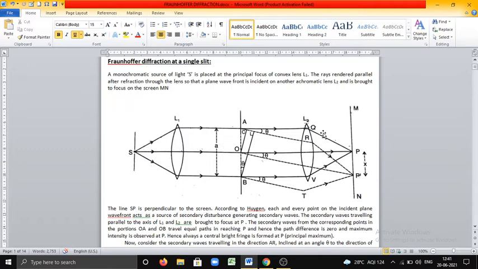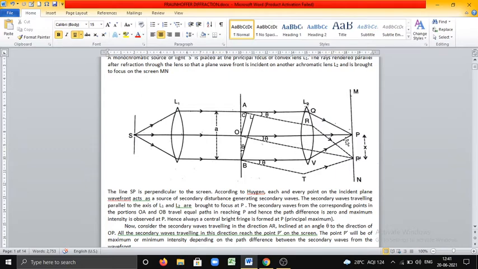These secondary waves, which are traveling parallel to the axis of L1 and L2, are brought to focus at P. The secondary waves from the corresponding points between A and O and between O and B travel equal paths in reaching P, and hence the path difference is 0. That is why a maximum intensity is always observed at P.